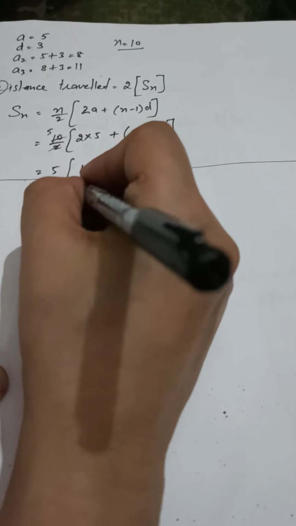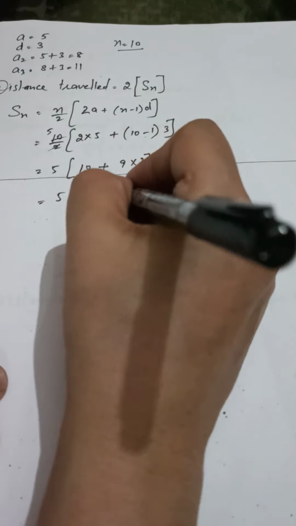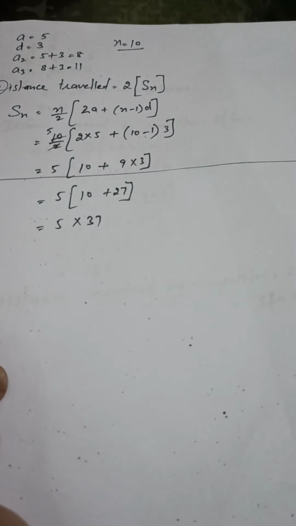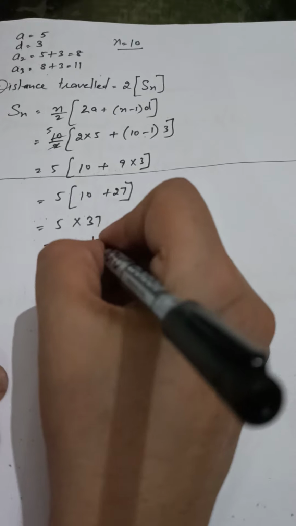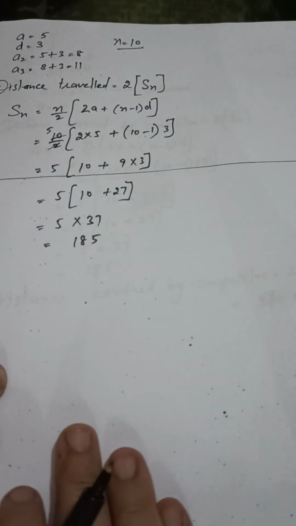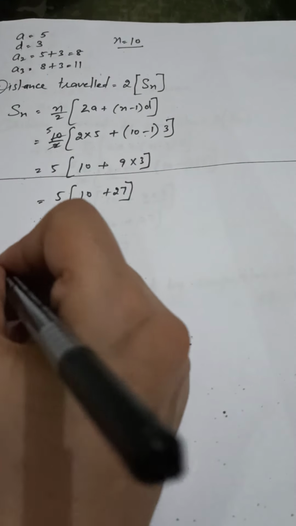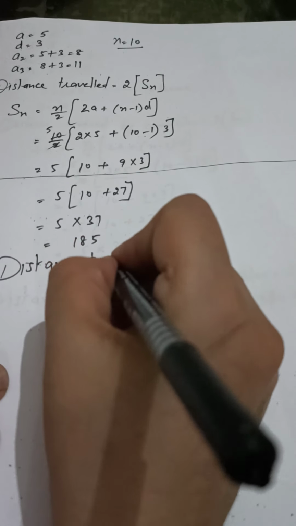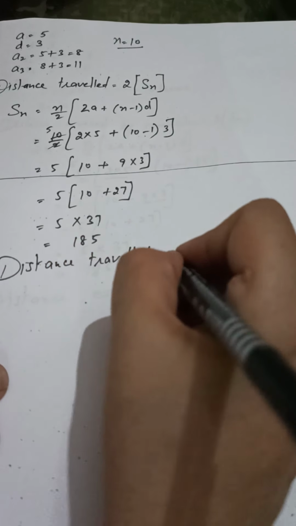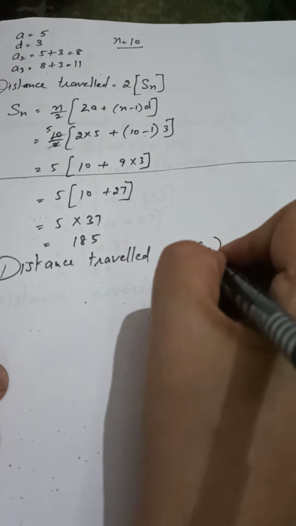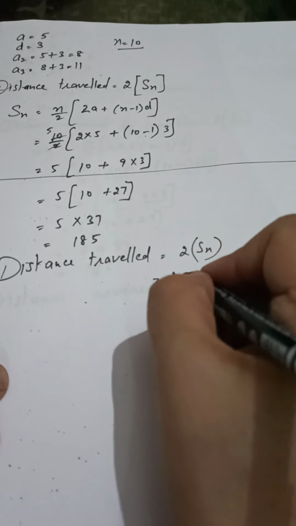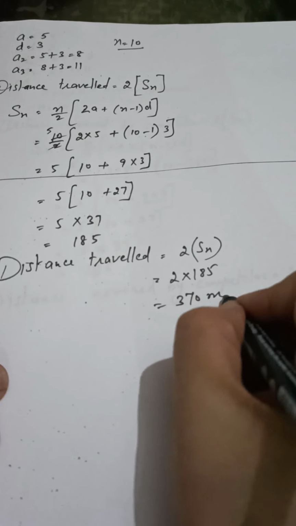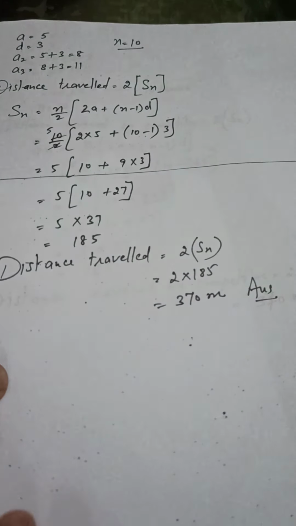That is 5 into 10 plus 27, 5 into 37, that is equal to 185. So distance travelled is equal to 2 times Sn. Fill the value of Sn here. 2 into 185, that is 370 meters. It is your answer.